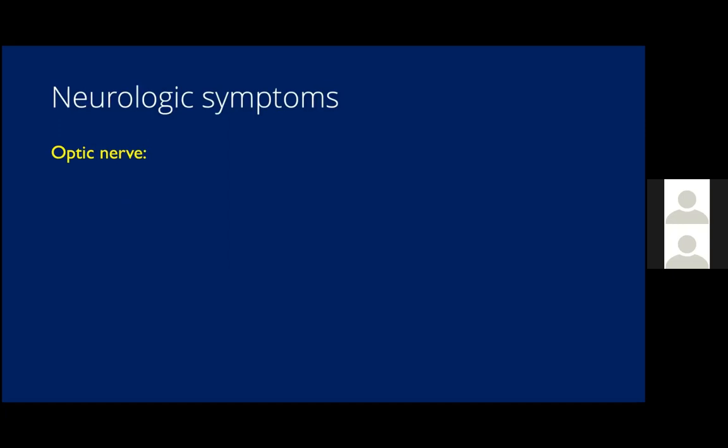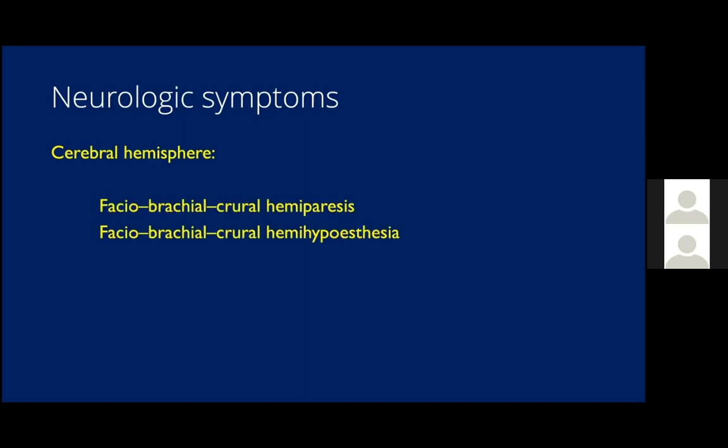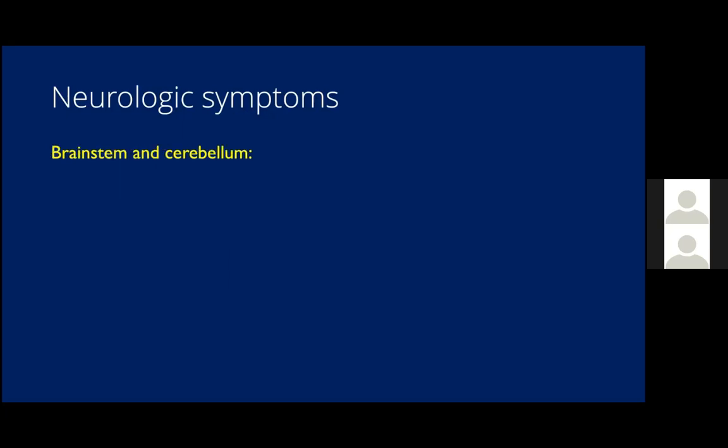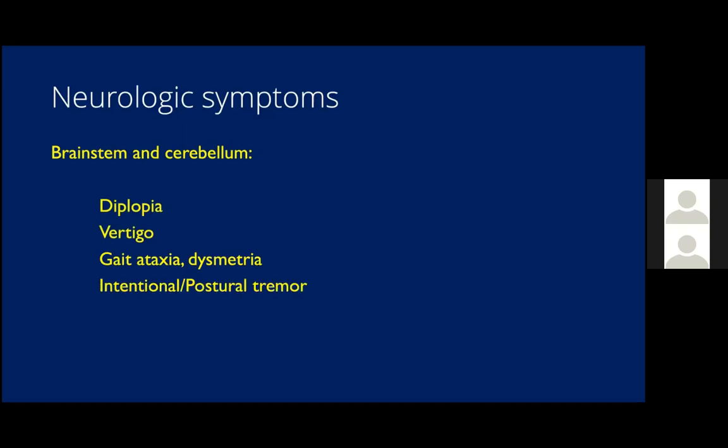Patients present with different neurological symptoms, especially related to the optic nerve. They can have painful or painless vision loss. Related to a cerebral hemisphere, it can be hemiparesis or hemihypoesthesia. Related to the brainstem or cerebellum, it could be diplopia, vertigo, ataxia, and tremors.